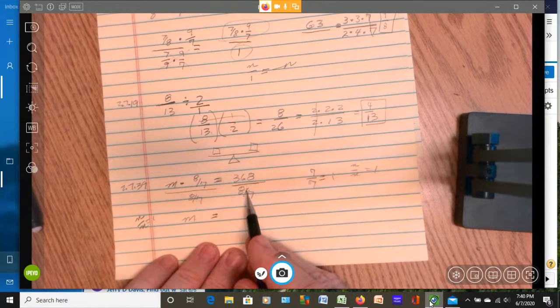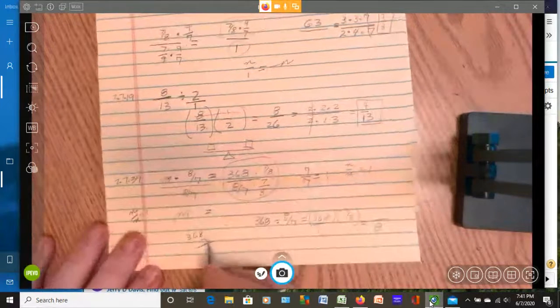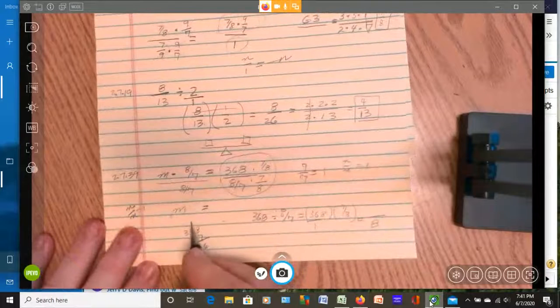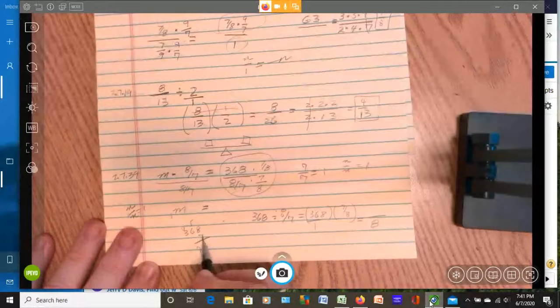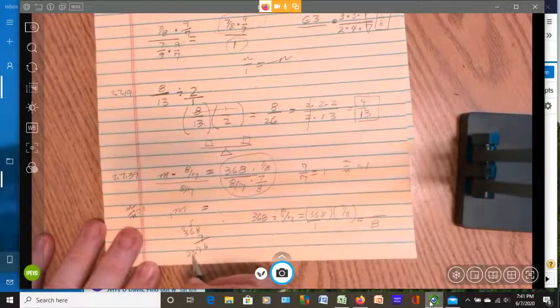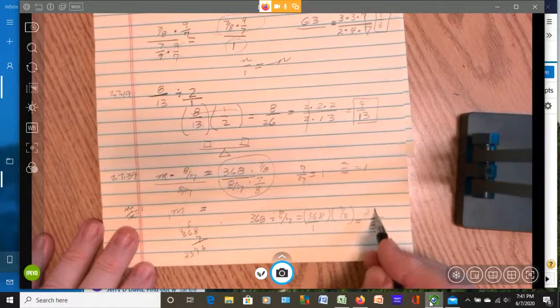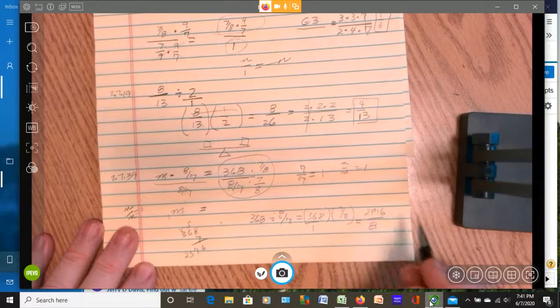So now all I've got to do is multiply 368 times 7 over 8. That's going to give me an 8 down here, 1 times 8 is 8. And 368 times 7: 7 times 8 is 56, 7 times 6 is 42, is 47. 3 times 7 is 21, is 25. And so I've got 2576 over 8.